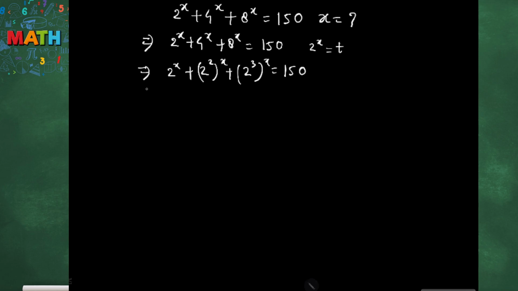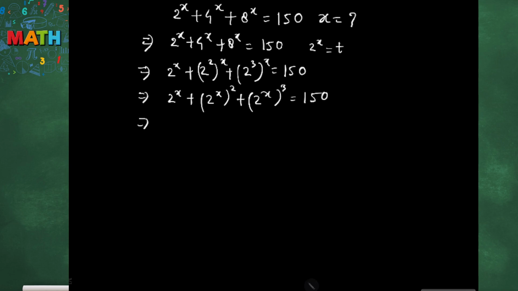There's no change. We can rearrange it again: 2 to the power x plus this can be written as 2 to the power x whole square. It's the same, right? You see the value 2x here, here also 2x, so we are just rearranging it. Plus 2 to the power x whole cube is equal to 150.